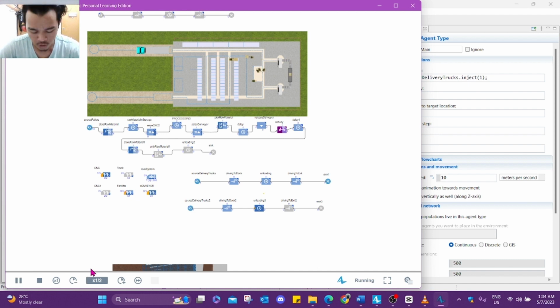After finishing at CNC machine 2, the forklift stores the pallet at the rack here, and finally it is transferred to the lorry to go out. Based on this process, within 1 hour it can finish around 21 pallets. I now hand over to the next presenter, Muhammad Amirul Hafiz.